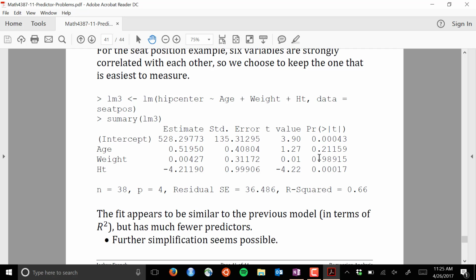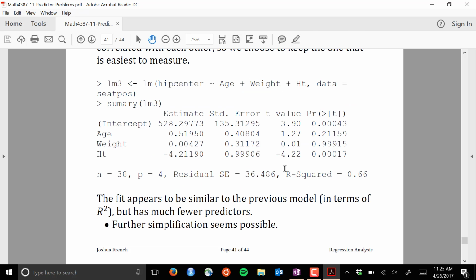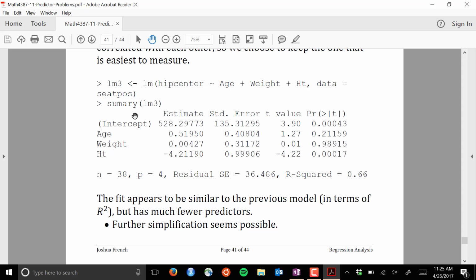That's not necessarily a problem with collinearity. But I've removed a bunch of these collinear regressors, and I still get an R-squared value of 0.6. So my model is much, much simpler than before, but the quality of the fit is almost exactly the same as it was in the original model. And it's possible that we might even simplify the model further just because we see that, for example, weight seems to have no relationship with the response.